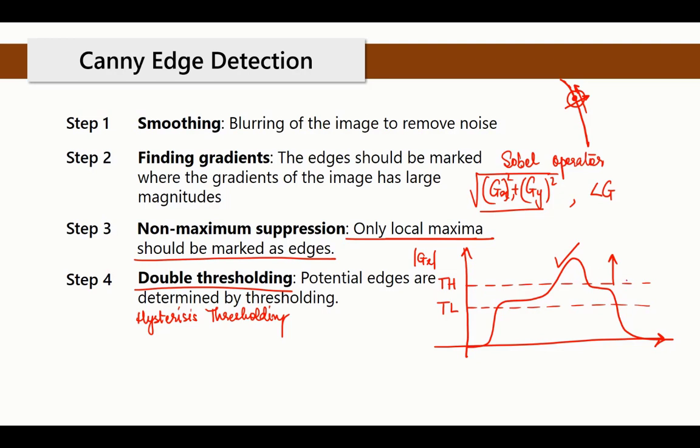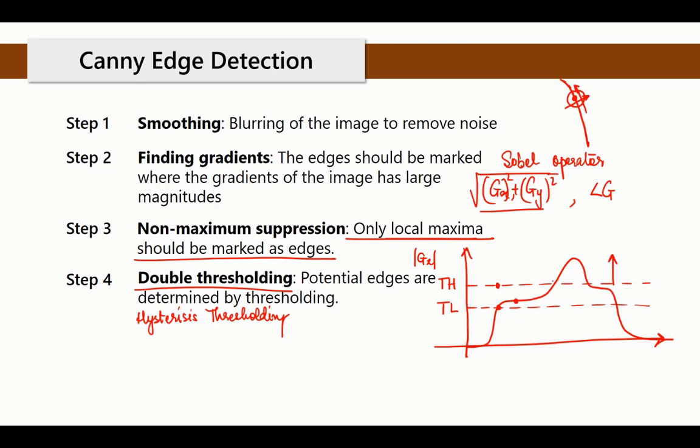But what to do between these two thresholds? For those pixels where my edge response is greater than the lower threshold but lower than the higher threshold, I will just look at whether that pixel is actually connected to another strong edge.